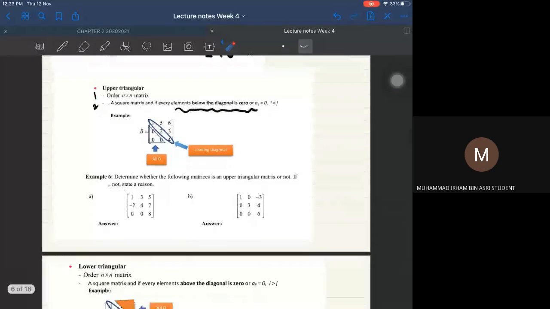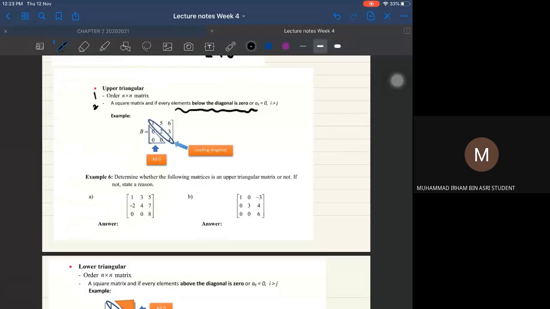So, in this case, the other numbers can be any number. The condition for upper triangular is that it must be a square matrix, and the second condition is that the elements below the diagonal are 0. So, for example 6 here, determine whether the following matrices are upper triangular matrices or not. If not, state a reason.